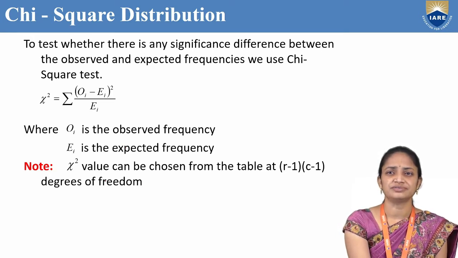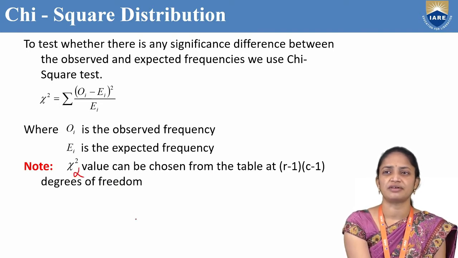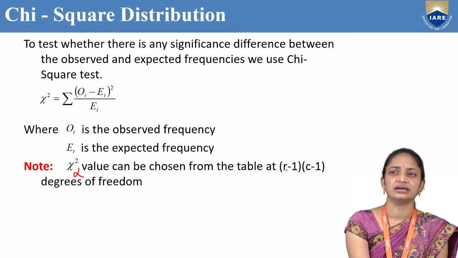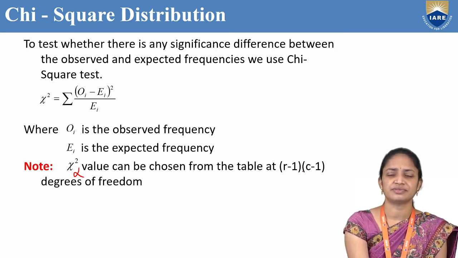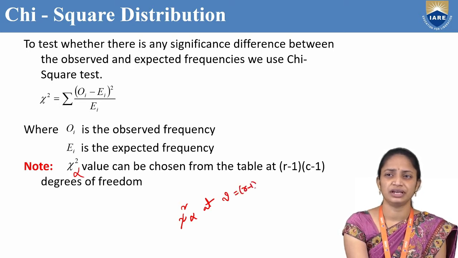In a chi-square distribution, we take the chi-square alpha value from the table at nu equal to (r minus 1) into (c minus 1) degrees of freedom, that is, (row minus 1) into (column minus 1) degrees of freedom.